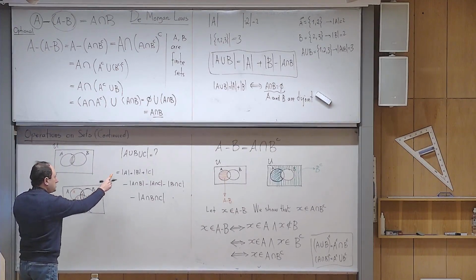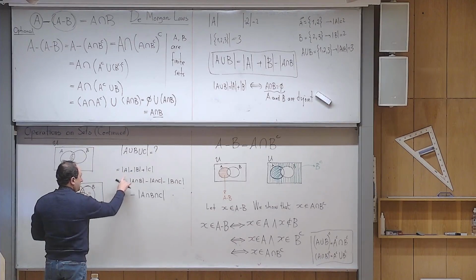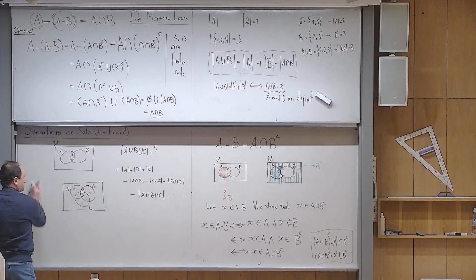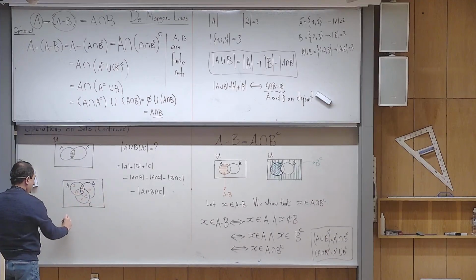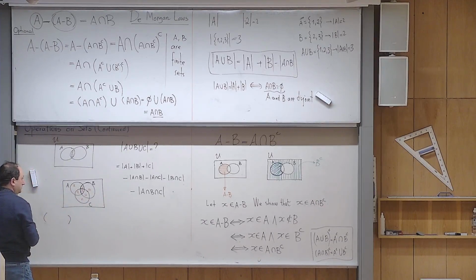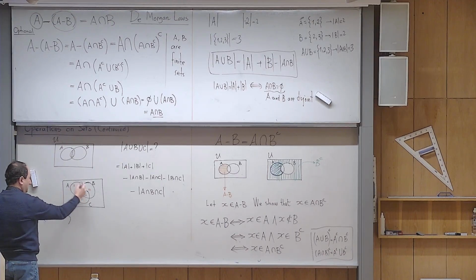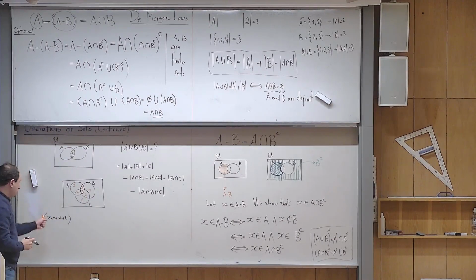Okay, so let me start with the formula that you mentioned. Cardinality of A is what? Can you tell me according to this picture? No, cardinality of A, the whole A, is X plus Y plus Z plus T. This is the cardinality of A. Okay?